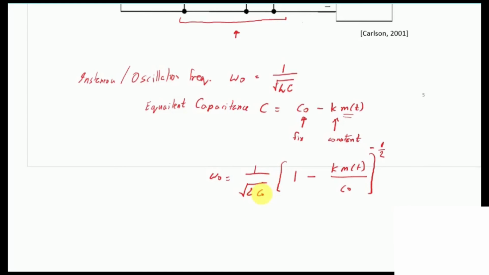Next in line, we have one strong assumption that we are going to utilize, and that is that K m(t) by C naught is much smaller than 1. If it is much smaller than 1, we can use a binomial expansion.